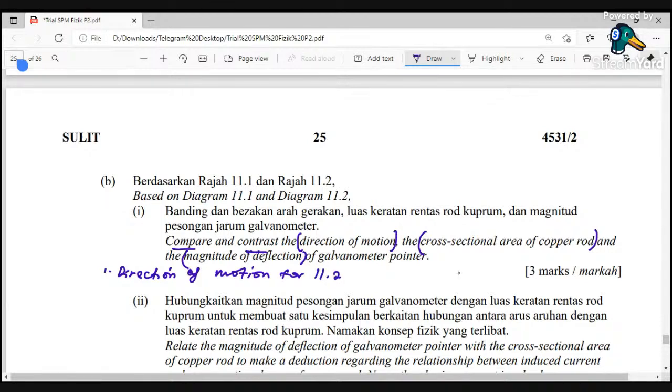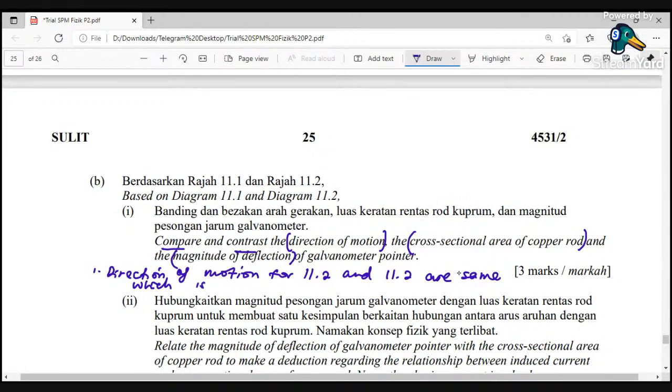11.1 and 11.2 are the same, which is upwards. Okay, yang pertama. Second, cross-sectional area of copper rod.